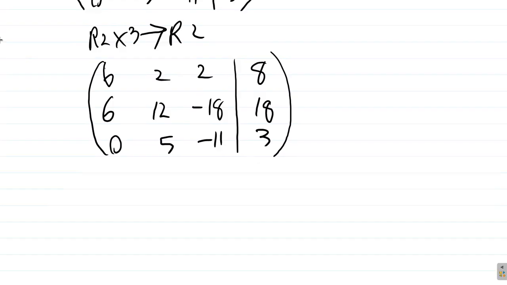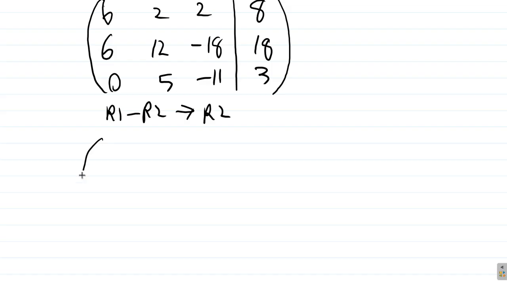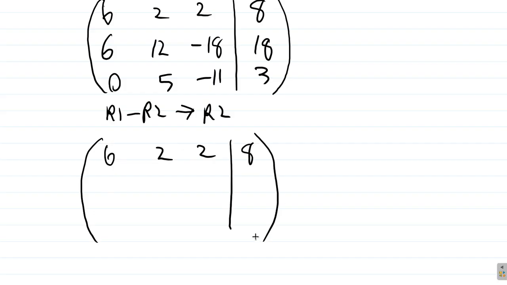Now let me see now. If you subtract row 2 from row 1, row 1 minus row 2 will give us a new row 2. You're going to have a 0 right here. See that? So what's going to happen is you have 6, 2, 2, 8 up top here.